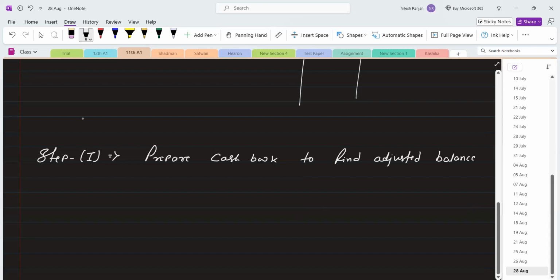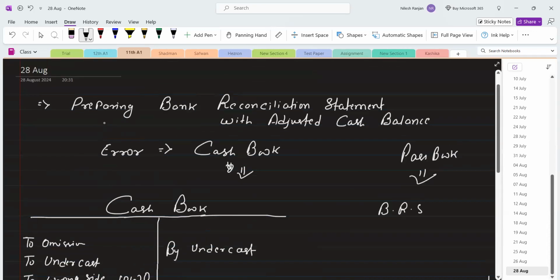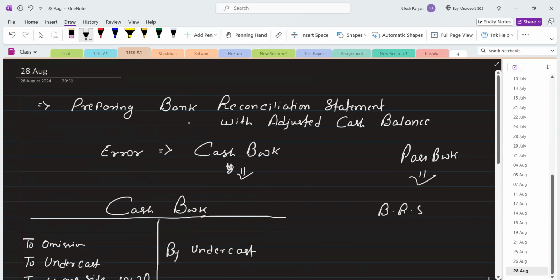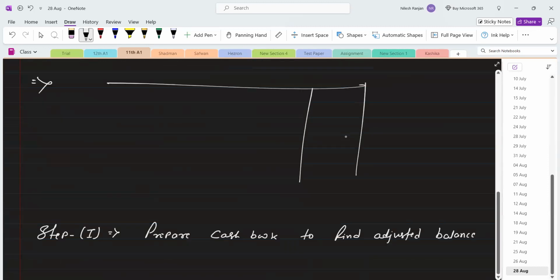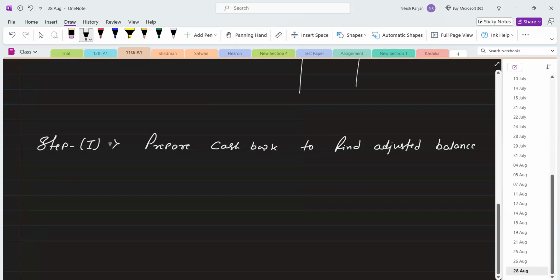Step 1, this is the heading: preparing bank reconciliation statement with adjusted cash balance. So step 1, prepare cash book to find adjusted balance. Step 2, rectify all the errors in cash book.